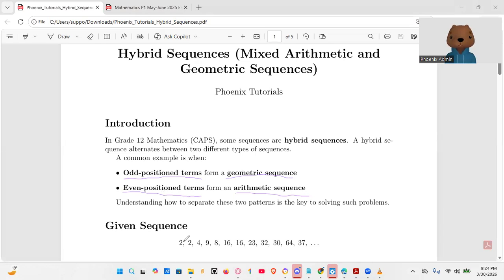And over here, we can circle all of our geometric terms. Those are all the odd positioned terms on our sequence. And we can see that we do indeed have a geometric sequence where we have a ratio of 2.